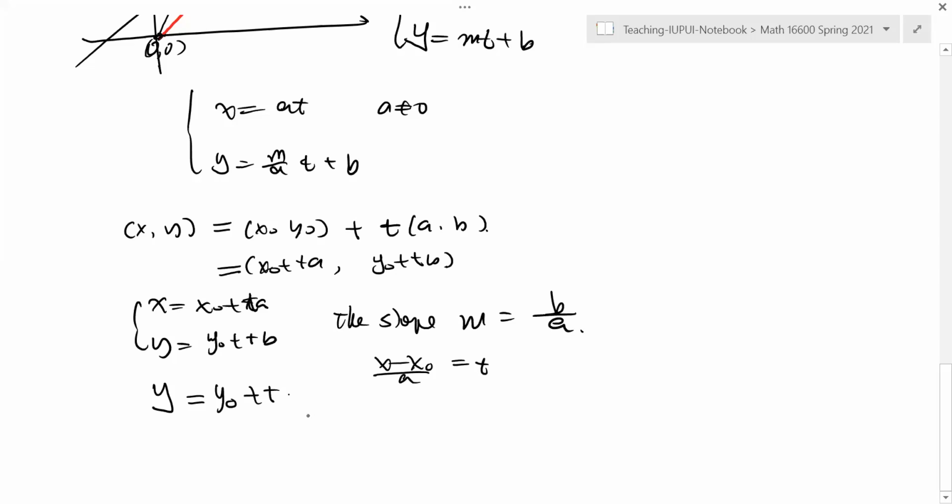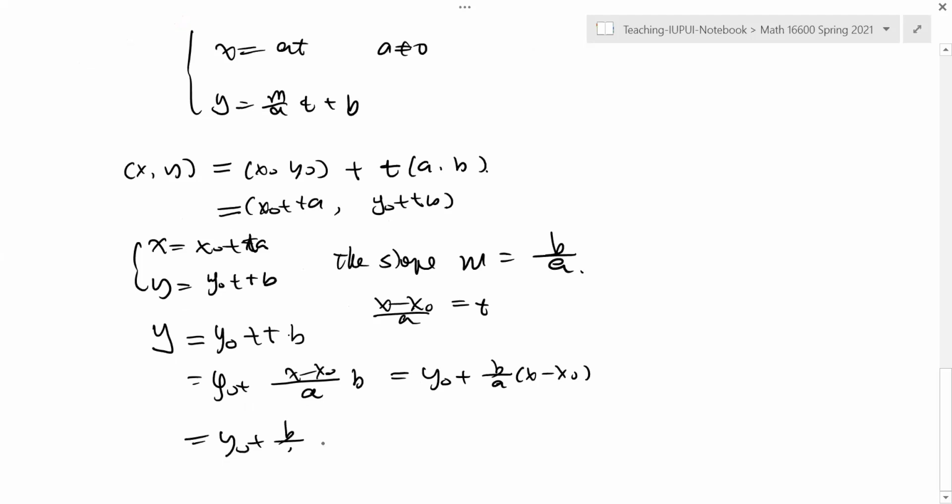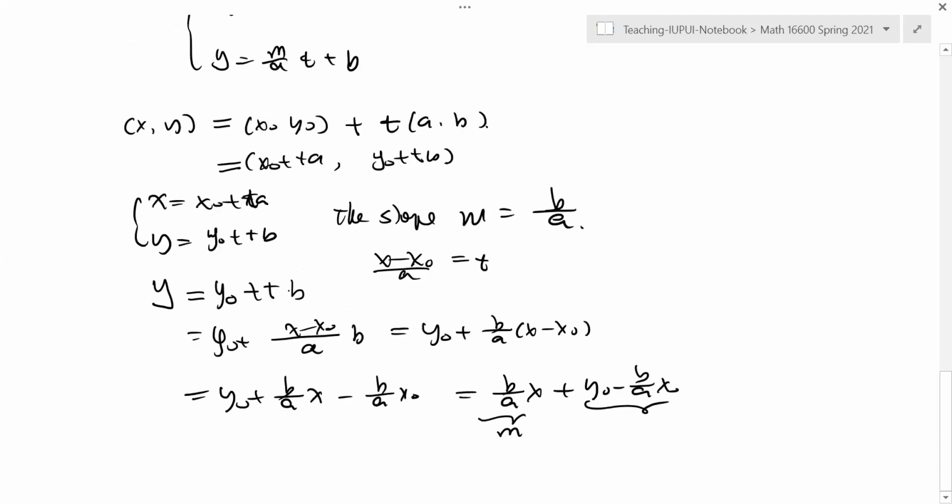So t is x minus x naught over a. Multiply this out, and you will get b over a x plus y naught minus b over a x naught. This last part is a number, and this is my m. That's why the slope is b over a.